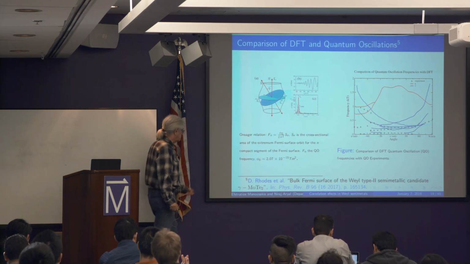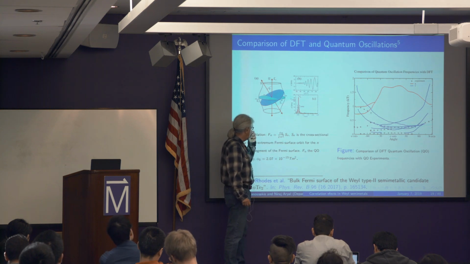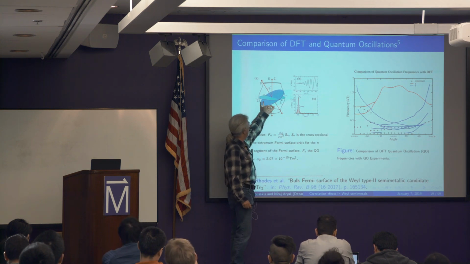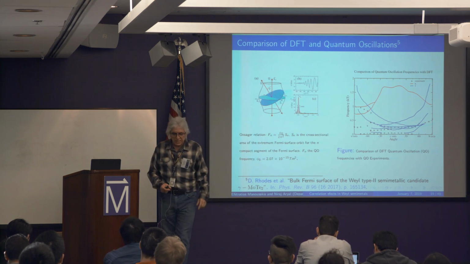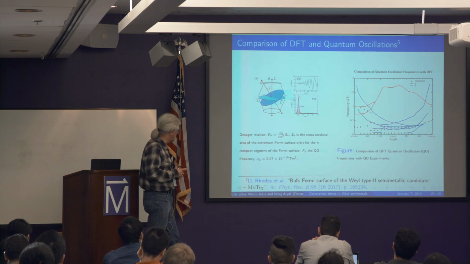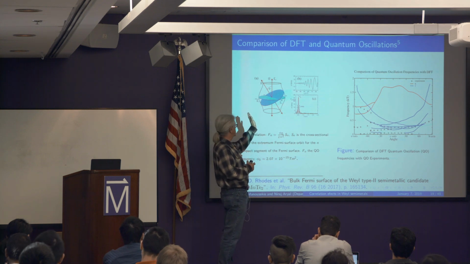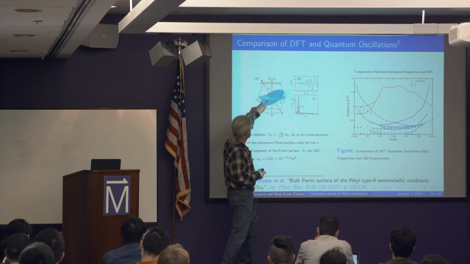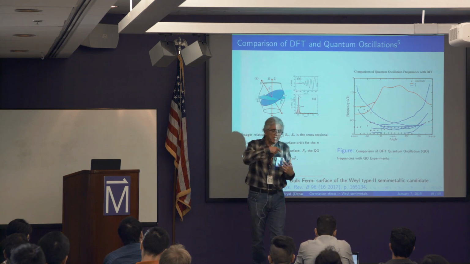And if you use the Onsager relationship, you can relate the frequencies to the area of this orbit inside the Brillouin zone. So you can calculate the area from doing measurements, believe it or not. And then you can tilt the magnetic field so you can see the variation of that orbit as a function of the angle.